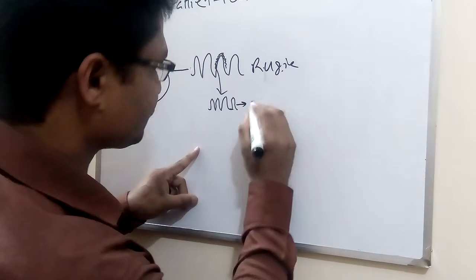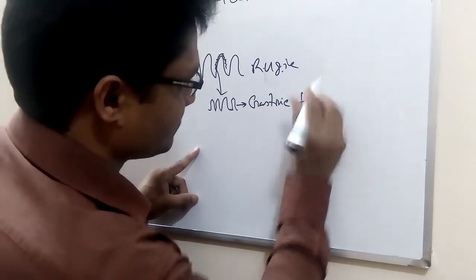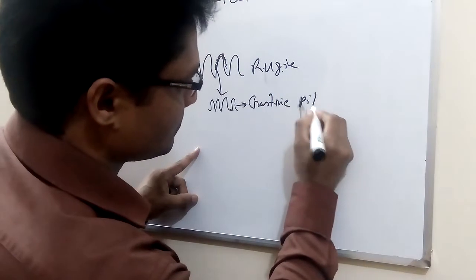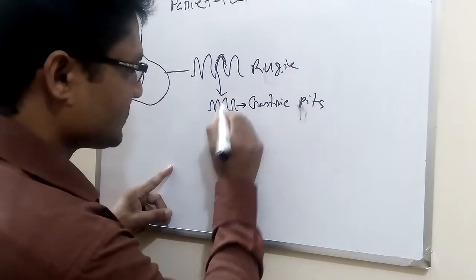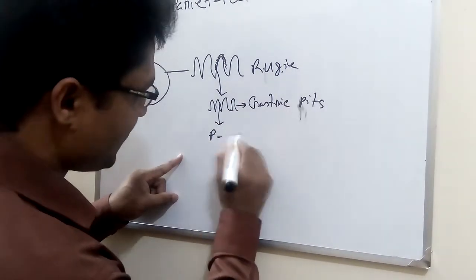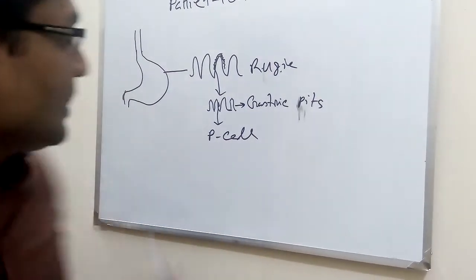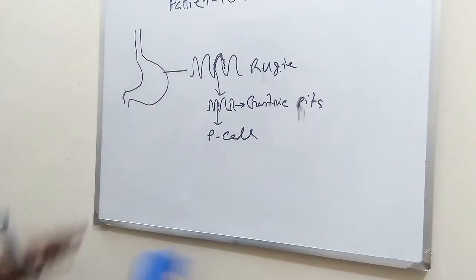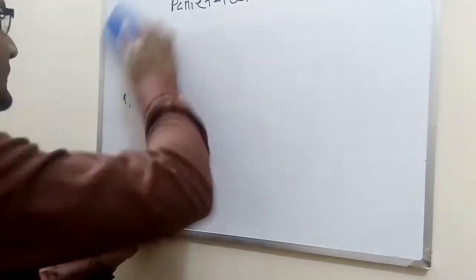It's called the gastric pit. And here it's called the parietal cell. So now I will describe how the parietal cell secretes the hydrochloric acid.